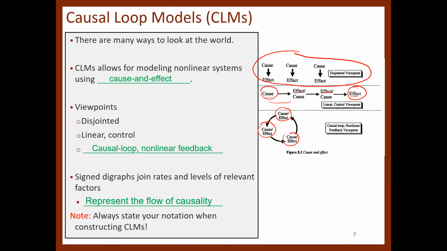They represent the flow of causality. As a note, always state your notation when constructing a causal loop model, because you want to represent the viewpoint, right? You want to see if there's a positive reinforcement or a negative reinforcement between these variables.